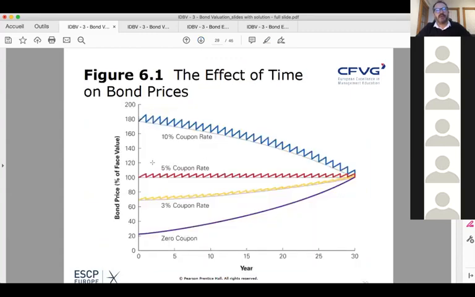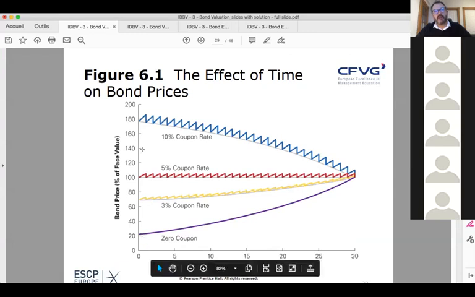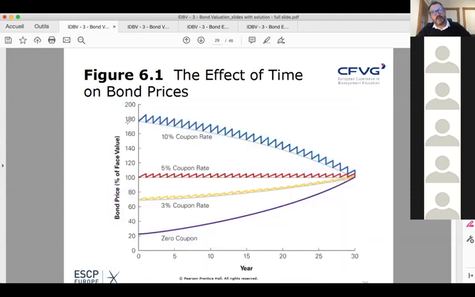We have the three bonds that we were discussing: 10% coupon rate, 5% coupon rate, 3% coupon rate, and a zero coupon bond. And all of them, you can see, 180 is not so far from 179. This one is 100, this one is 69. We just did these ones.